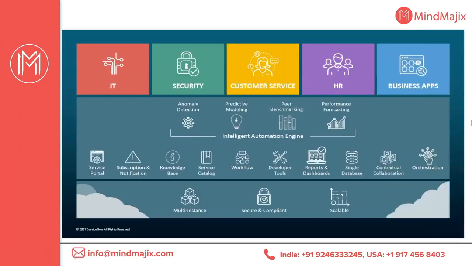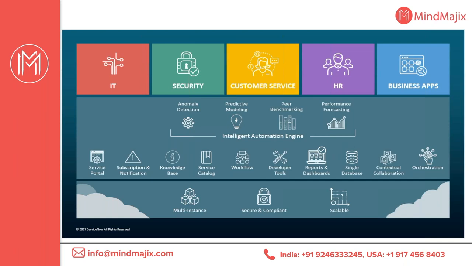This is a pictorial diagram, and this is taken from the ServiceNow site itself. As I said, from the New York release, just previous to this release, they are focusing on what is hot in the market. The things which are hot in the market are automation, machine learning, and AI.